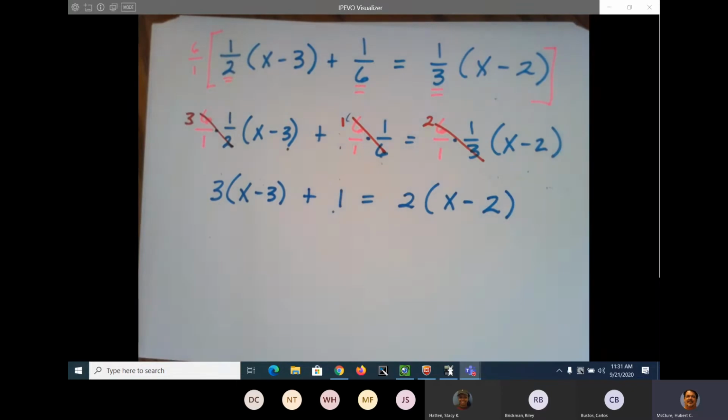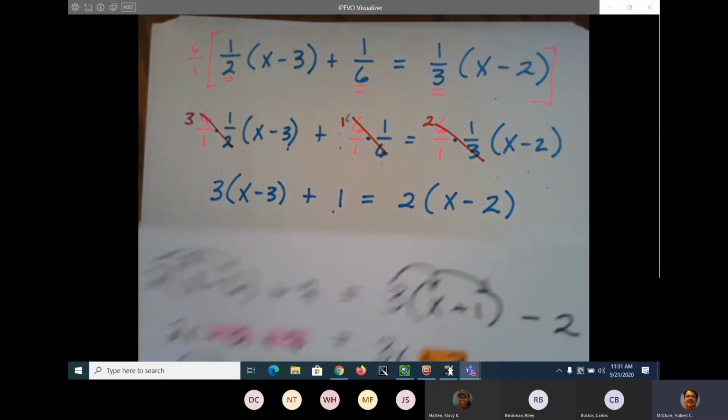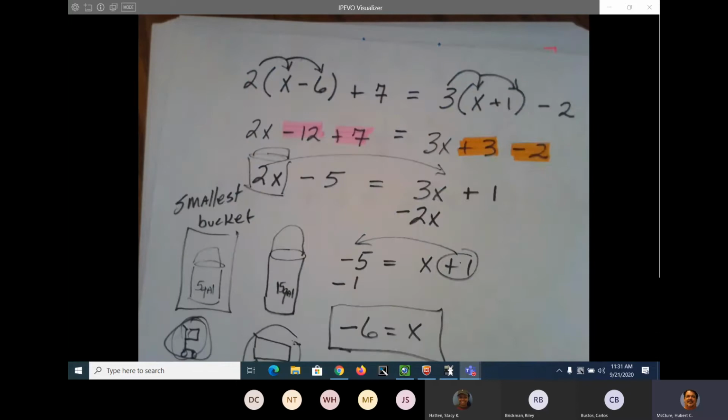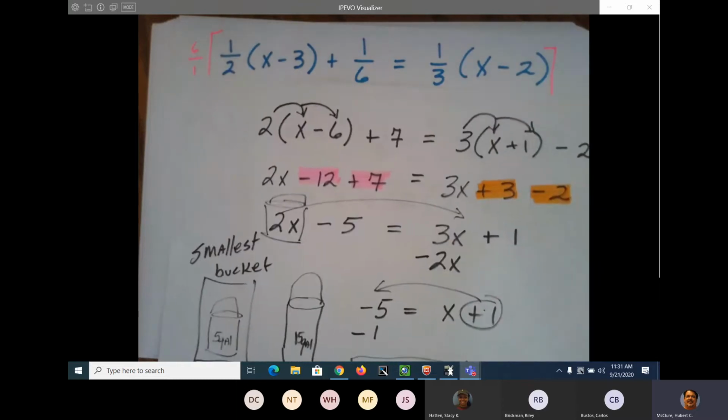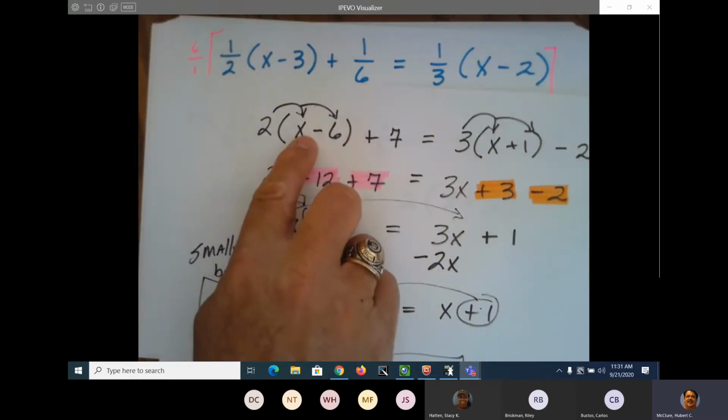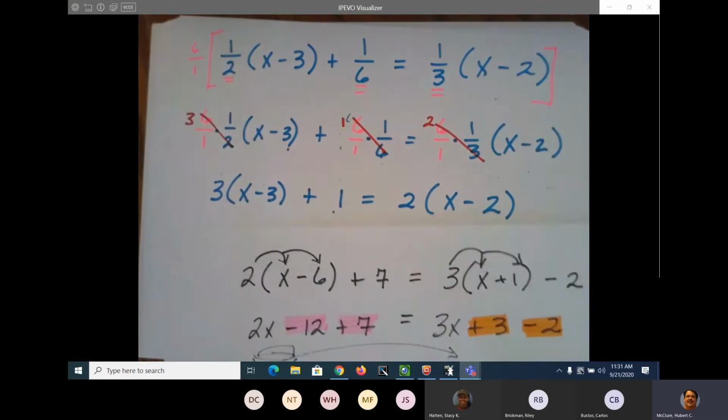Now what do we have? Instead of a 6 or a 7, what do we have now? We have our regular level 4 problem. So we've taken our difficult problem, a 6 or 7, and we've changed it into a level 4, which is this right here.